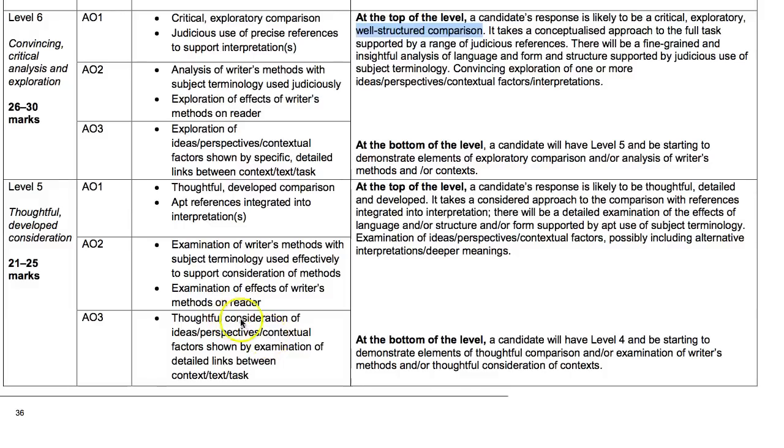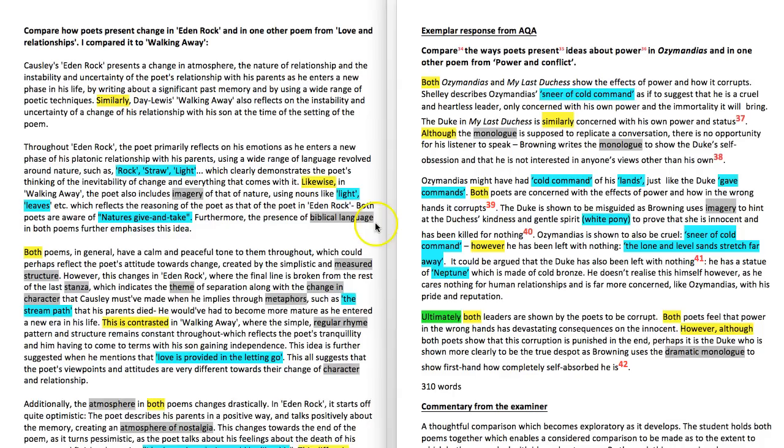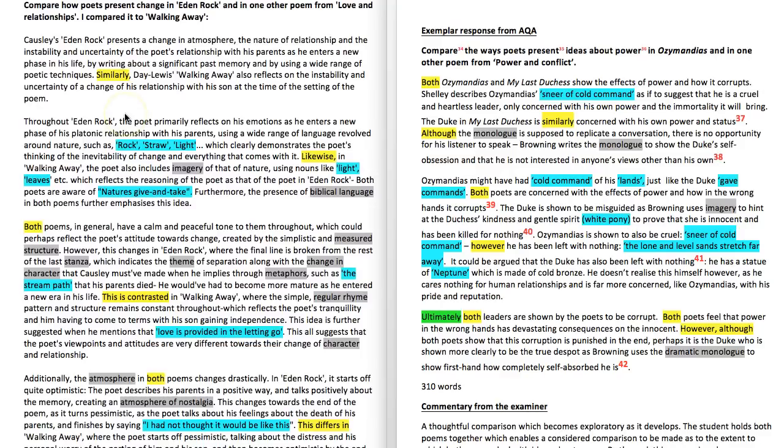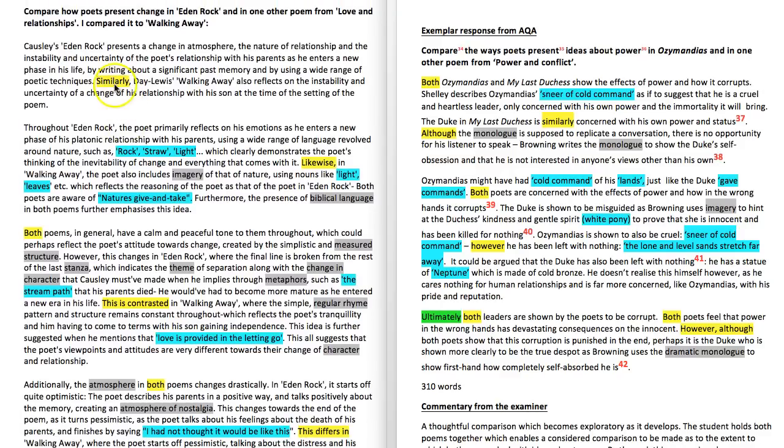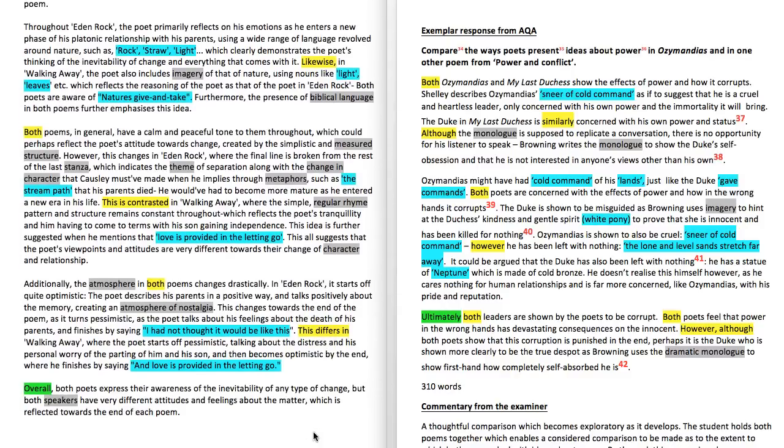Okay, well, let's go through both answers a step at a time. So the examiner is looking for well-structured comparisons, and I've highlighted the words that make comparisons in yellow. So you can see that Eleanor has got similarly, likewise, both, this is contrasted, both, this differs, and if overall will be a comparative, but I've put it in green because it signals a conclusion.